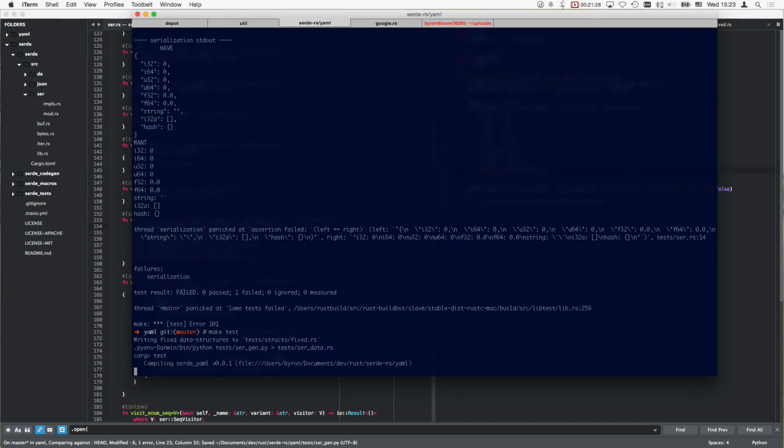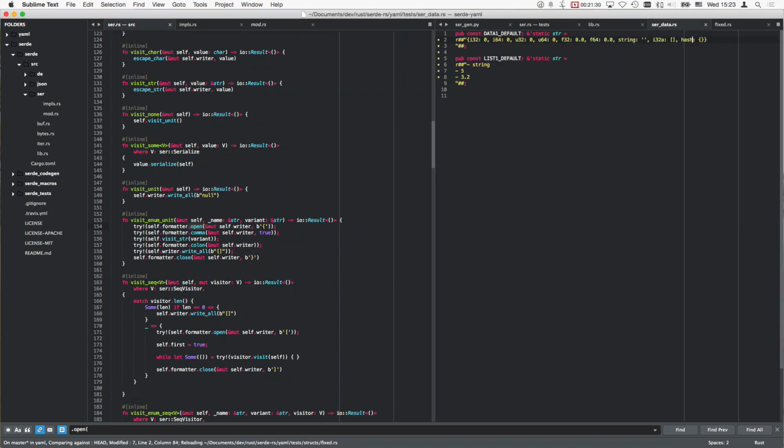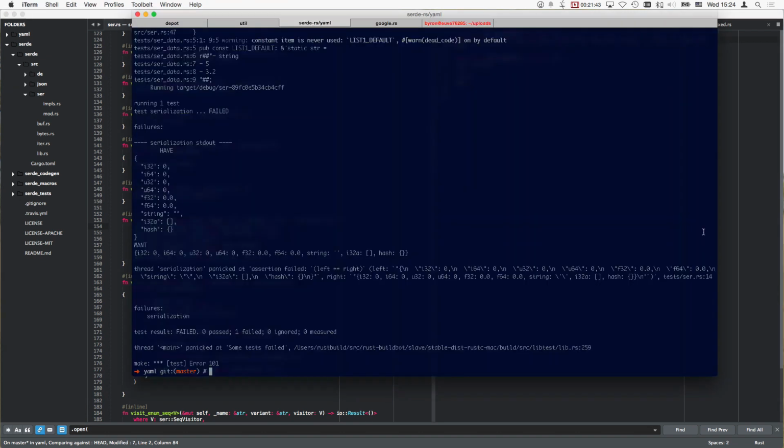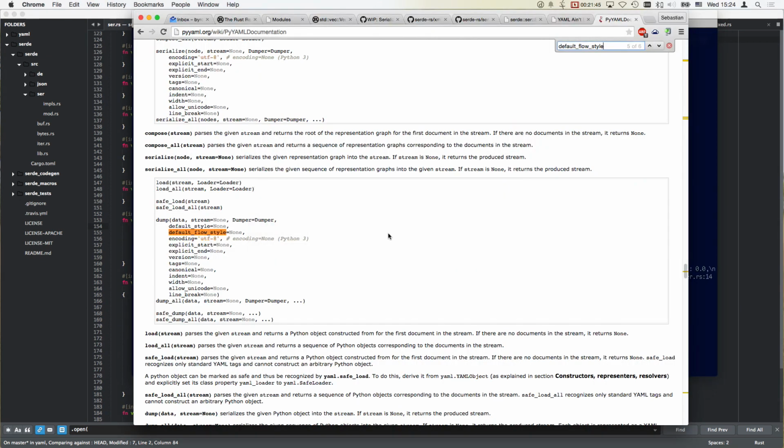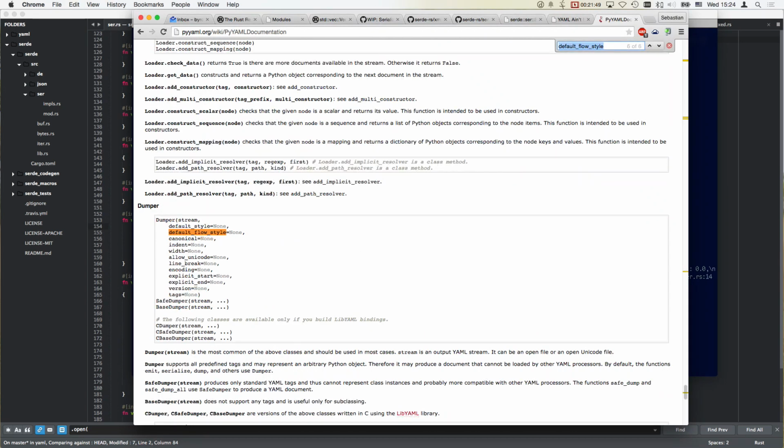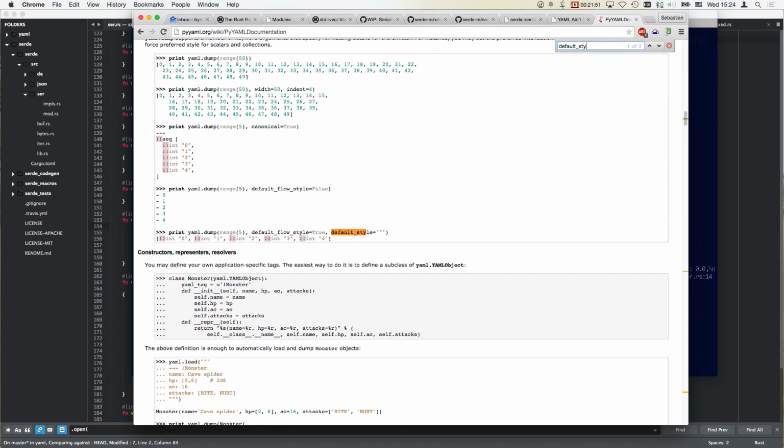That didn't make any difference. Default flow style true. Now it looks a bit more like JSON. But how do I make it look like JSON entirely? Default style. Default style was used. And then you get this thing.